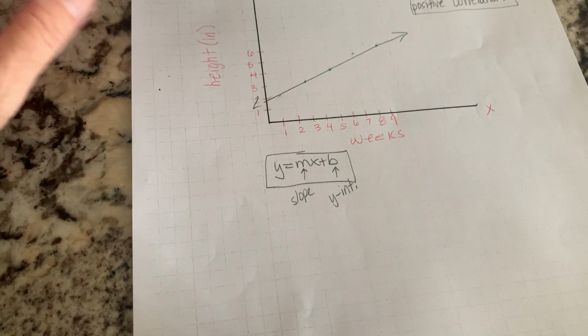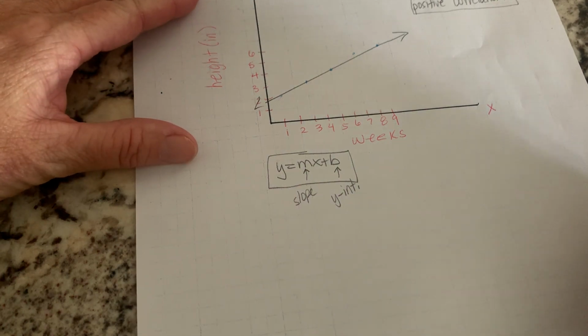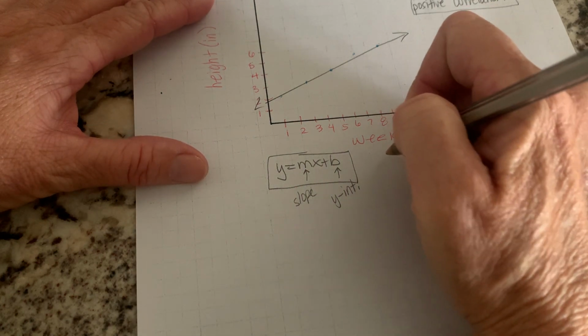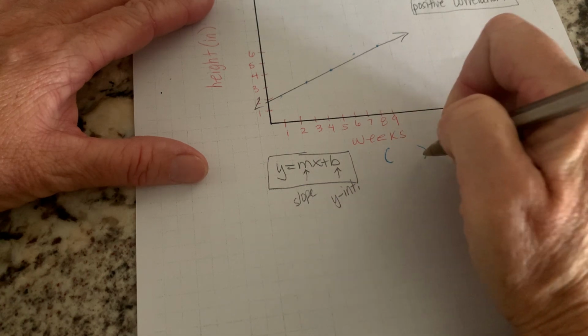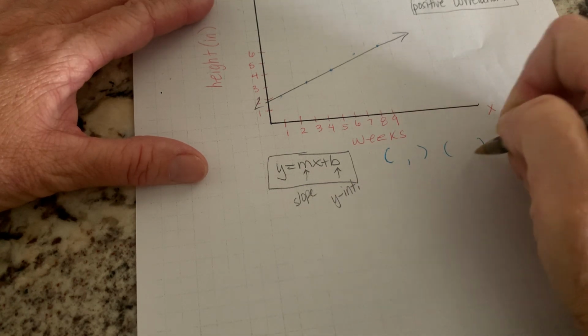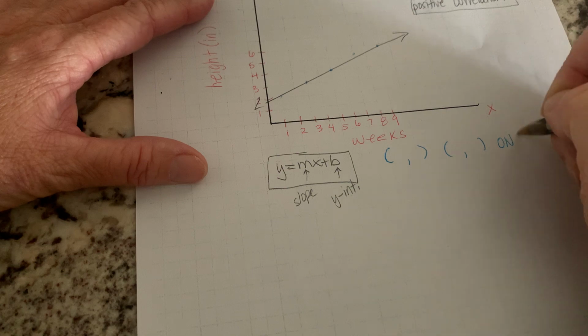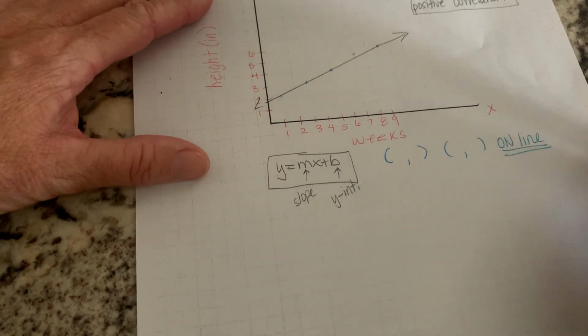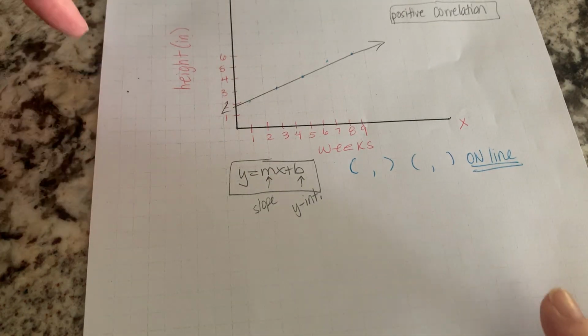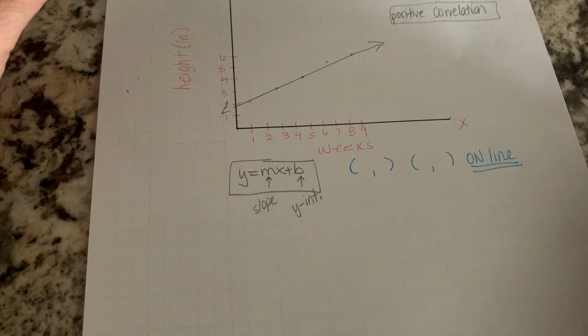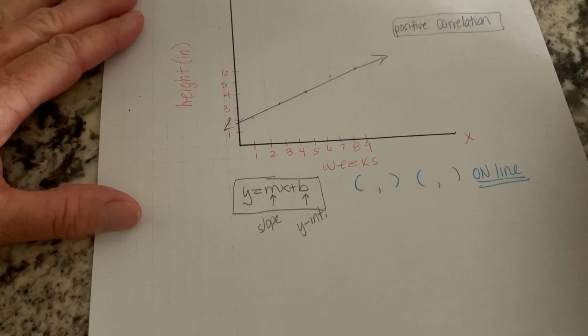Okay? So to find those 2 things, we are going to identify 2 points, 2 coordinates that are on the line. They have to be perfectly on the line. And we want good ones, like that land perfectly in a corner.